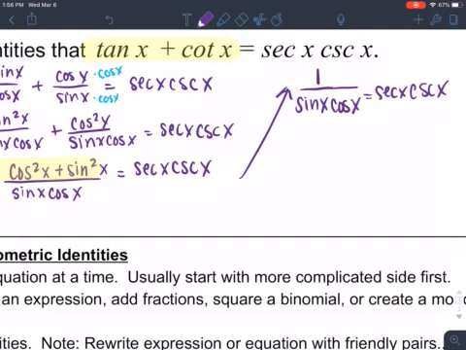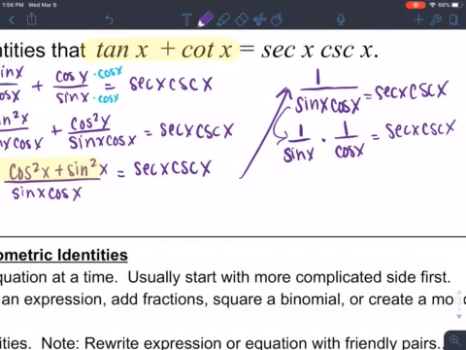I can split apart fractions. So, I can do 1 over the sine of x times 1 over cosine of x is equal to secant x cosecant x. So when multiplying, I just multiply the top and the bottom, so we can just split this.